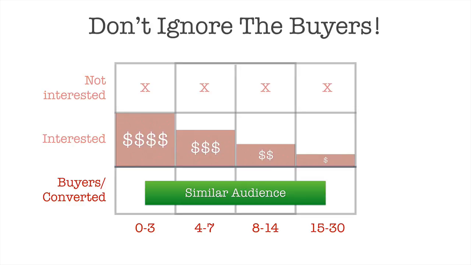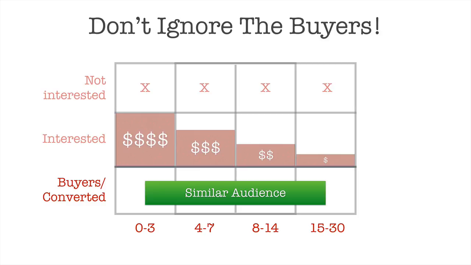And just a note on that bottom row, don't forget about the buyers. Make sure you do create a buyers list, even if for no other reason than to make sure that you then build, or it is built automatically for you, a similar audience. On Facebook, that's going to be a lookalike audience.